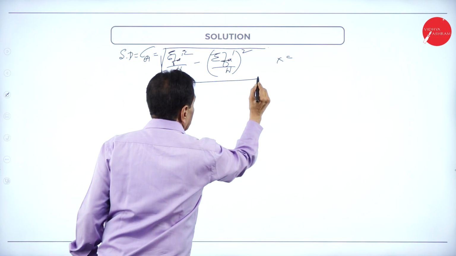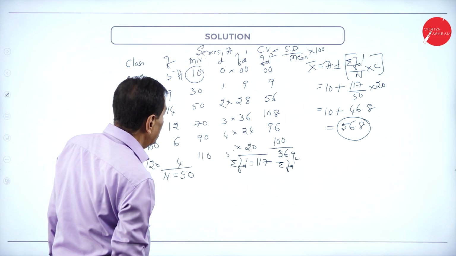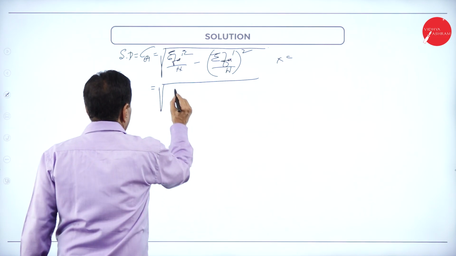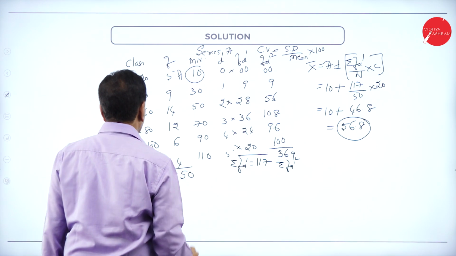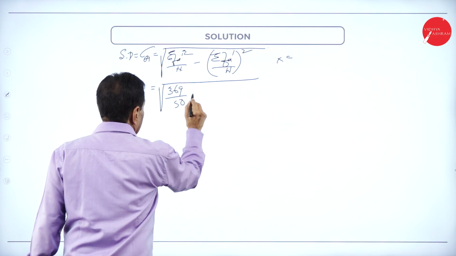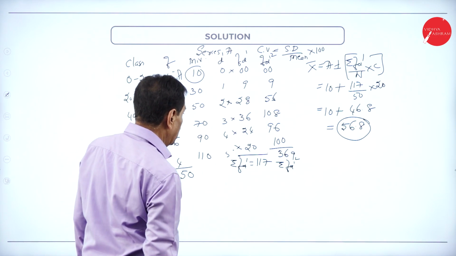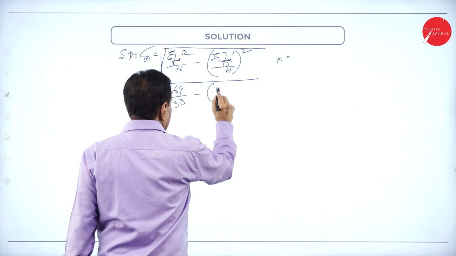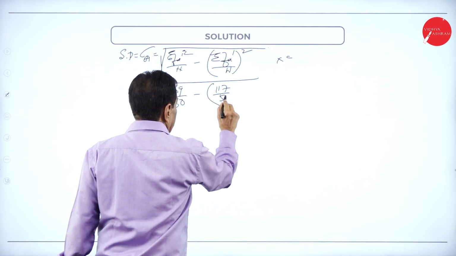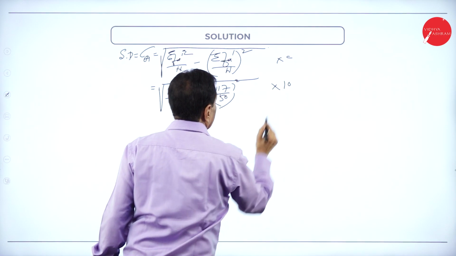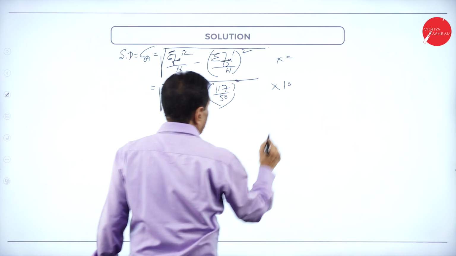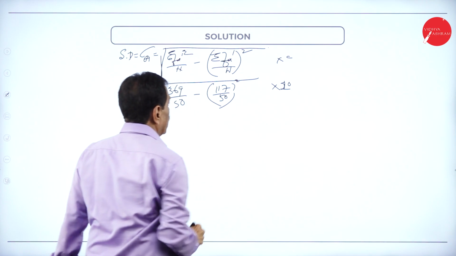Root of, what is fd dash square? 369. Number of frequency 50, minus, what is sigma fd dash? 117 divided by 50 whole square, into class interval 20.